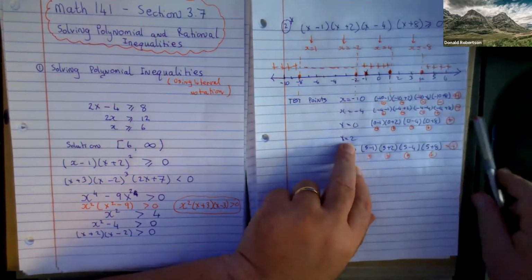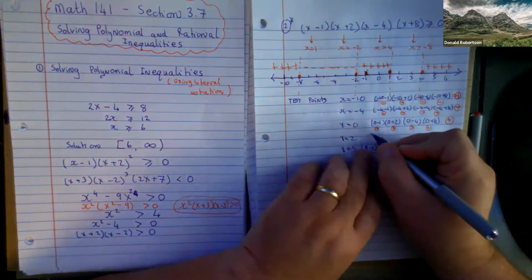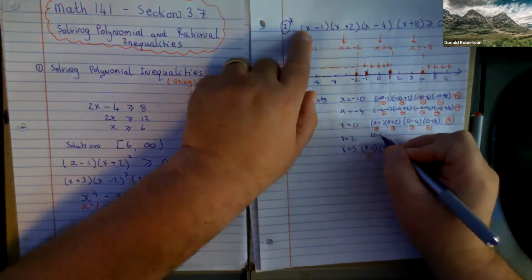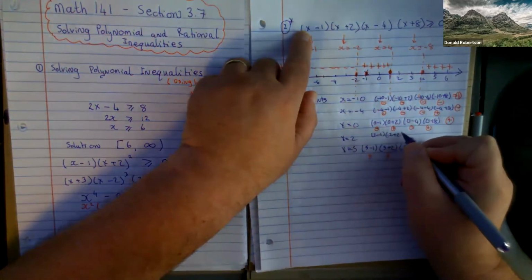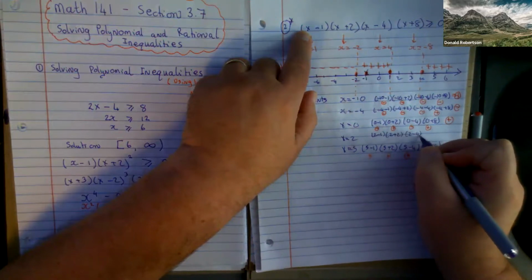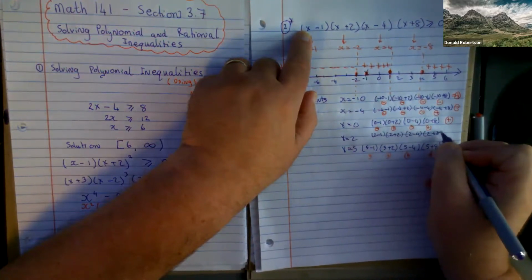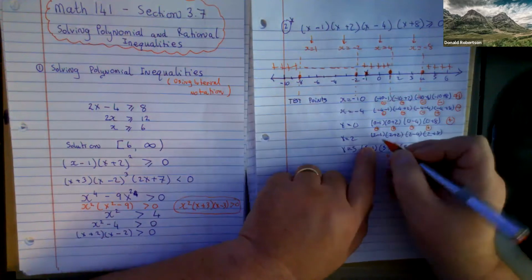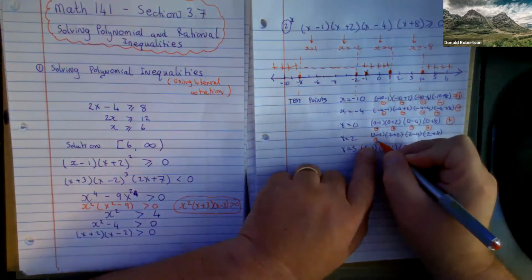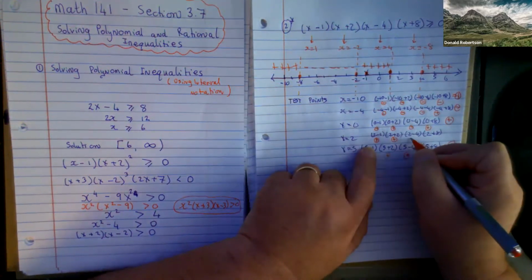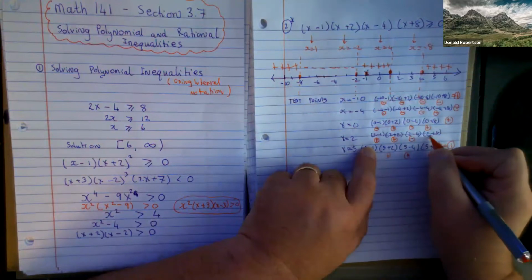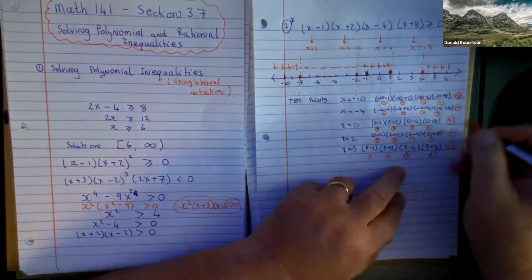This one here, x equals 2. 2 take away 1, 2 add 2, 2 take away 4, 2 add 8. In my case, that's positive 1, positive 4, a negative, and a positive. So that combination gives me negative.